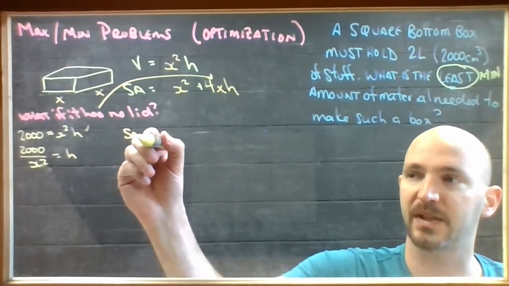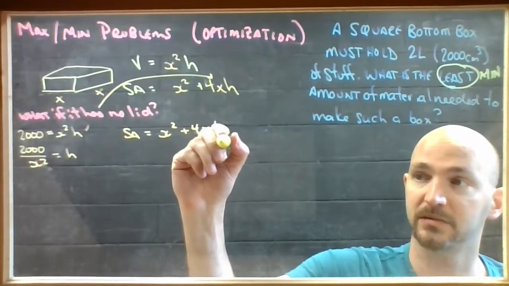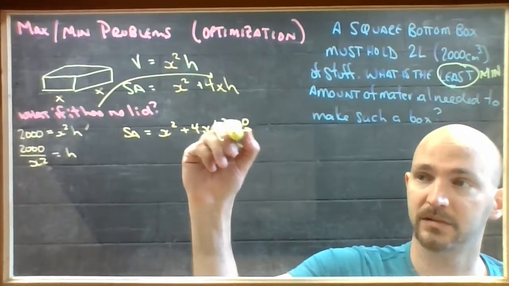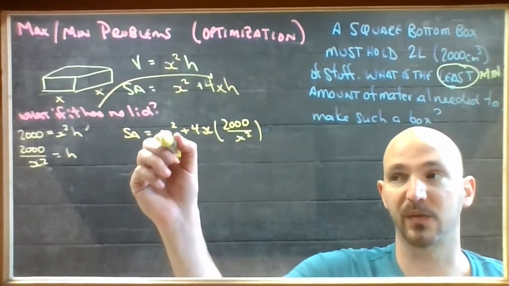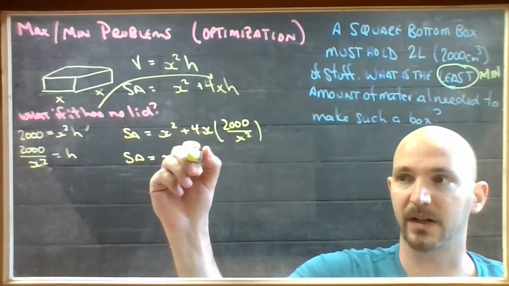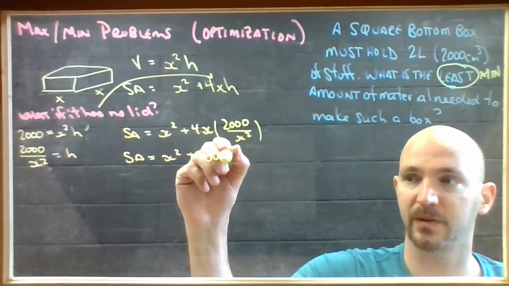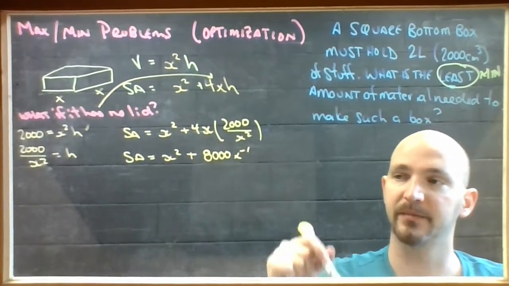So my surface area is very similar. The only difference so far is I'm missing a 2 in front. So x squared plus 8,000 x to the negative 1.